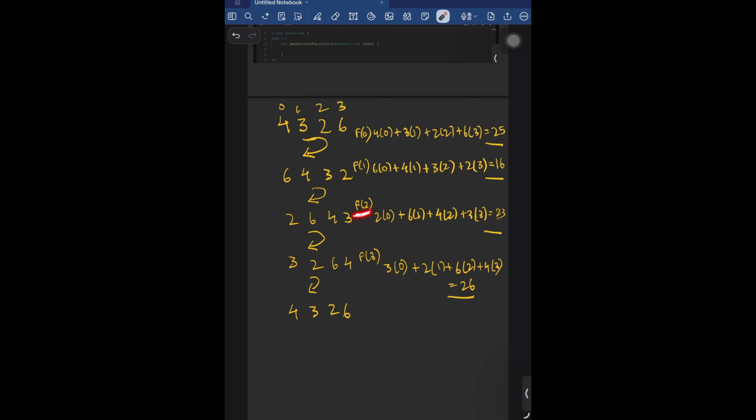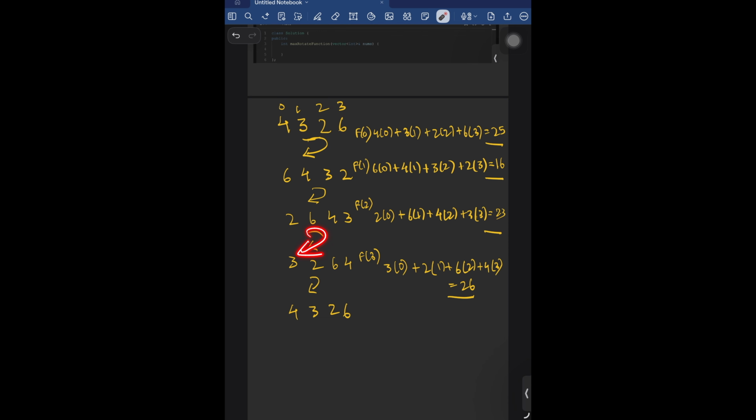So this is called f of 2 because we have rotated 2 times from the original array. And the value of f of 2 will be calculated by multiplying this 2 with 0, then adding 6 into 1, then adding 4 into 2, then adding 3 into 3, which is 23.